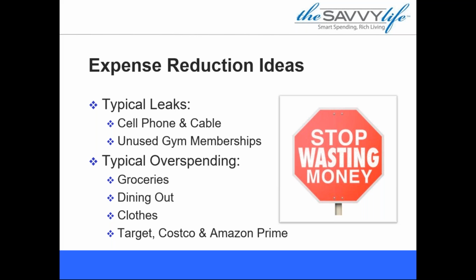I talked ad nauseum about those particular situations and how to become purposeful in the Savvy Money Habits session a couple of weeks ago, so I won't go into great detail. I will say, though, with the groceries and the dining out and the clothes, these particular areas are a focus for upcoming webinars in this webinar series, all right?